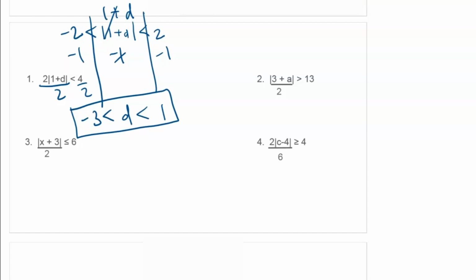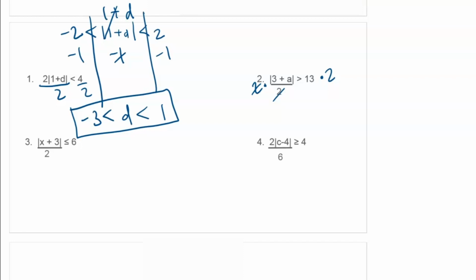So the first step is to get the absolute value by itself. So right now I have this 2 dividing on the bottom, and that is not inside the absolute value, so I need to get rid of that 2. So I'm going to multiply by 2 on both sides. So those cancel each other out, which they actually just divide to 1.